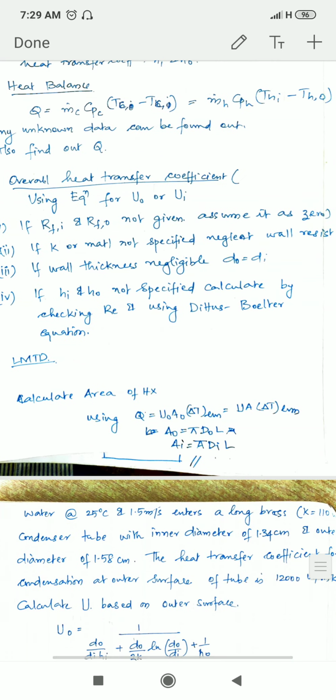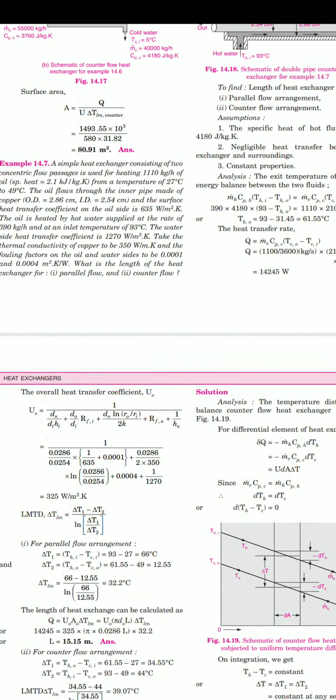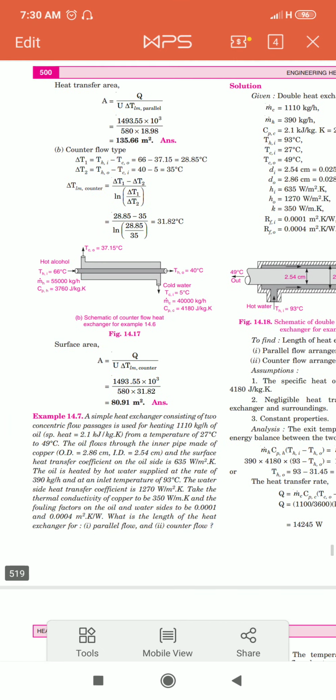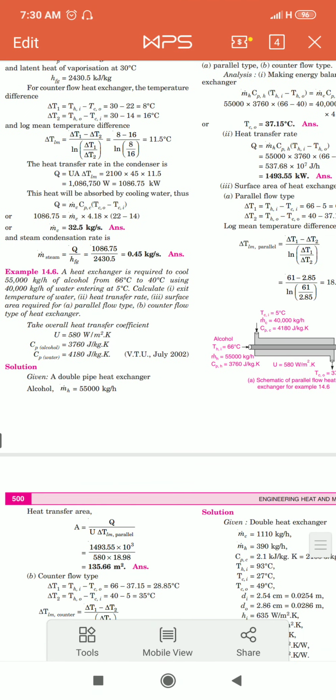Now we'll try to solve a simple problem. Example 14.6. I am discussing example 14.6.